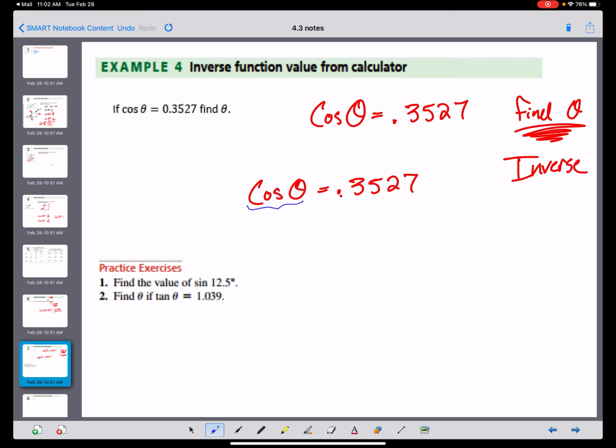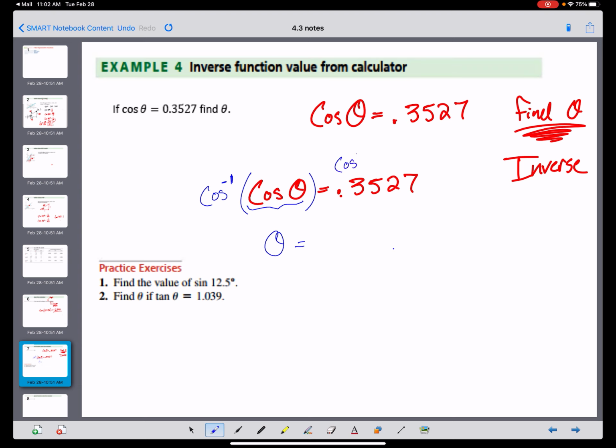The opposite of a cosine is the inverse of it, right? So that means I take the inverse cosine of this. The inverse cosine and the regular cosine kind of undo each other, and you're just left with the angle. But whatever you do to one side, you got to do the same thing to the other side.